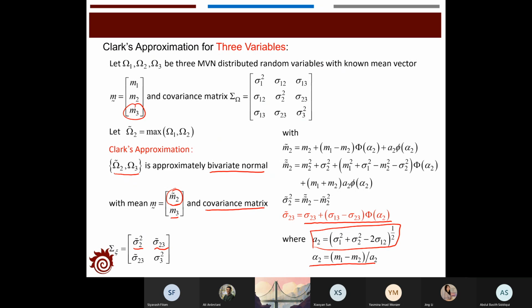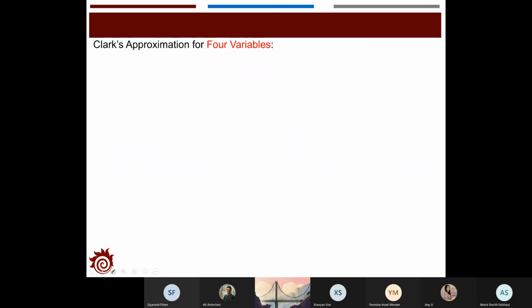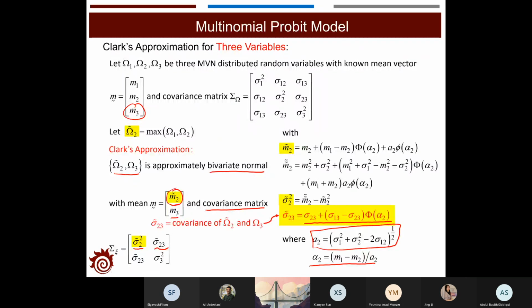So we claim that omega 2 tilde and omega 3 is a bivariate normally distributed random variable. And then, if we want to find out what's the maximum value of these two, we can apply the Clark's approximation to find out the distribution.